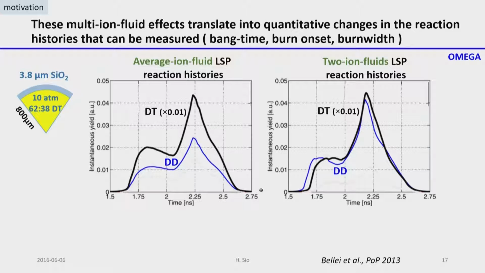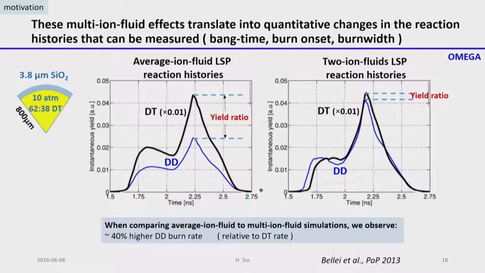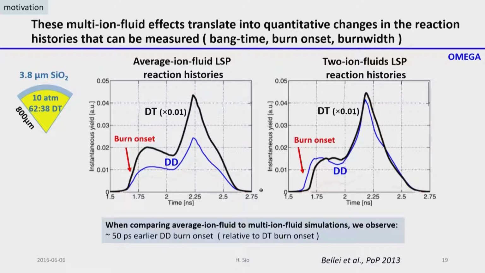And in particular, we're talking about quantitative changes in the ratio of the yields as you transition from average-ion fluid to 2-ion fluid. We're talking about timing shifts in the burn onset between the reactions as you go from 1 fluid to 2 fluid.